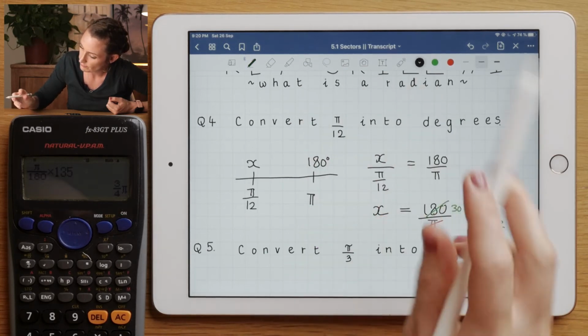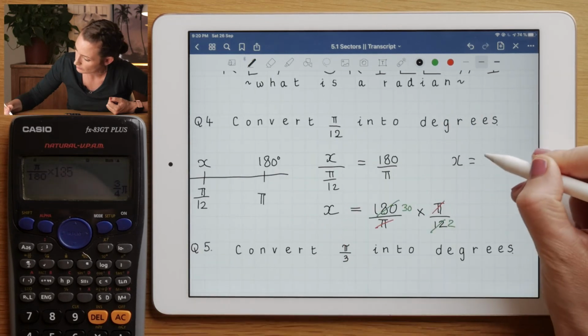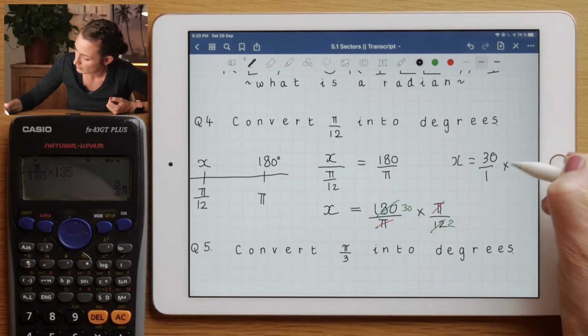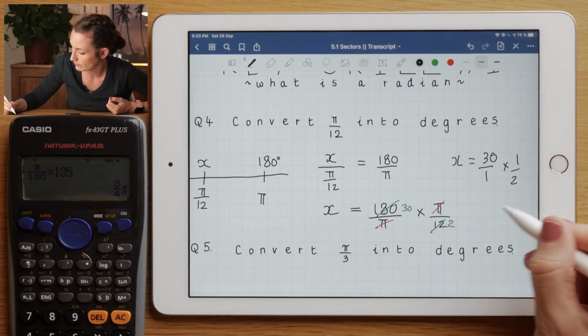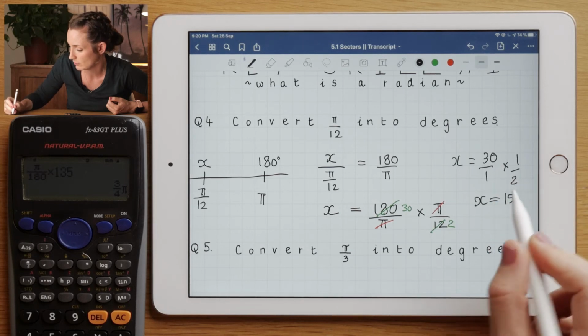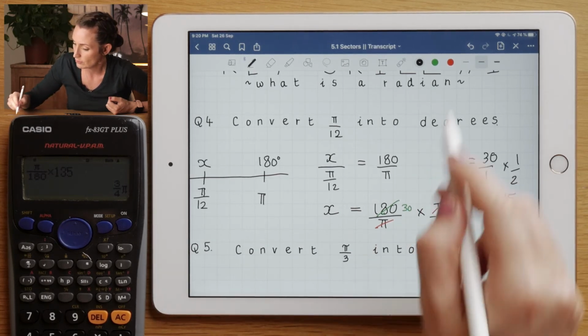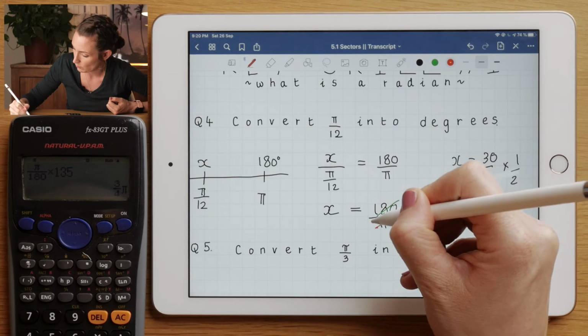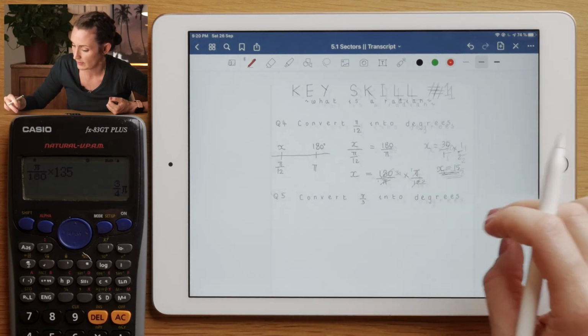So in the end your fraction would be x is equal to 30 over 1 times 1 over 2. So x would be equal to 15. 30 divided by 2 is 15. It's important to remember when you cancel, you should actually write a little 1. Lots of people forget that and think it's a 0.